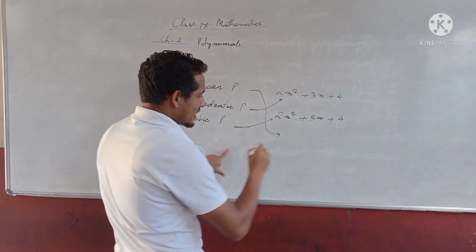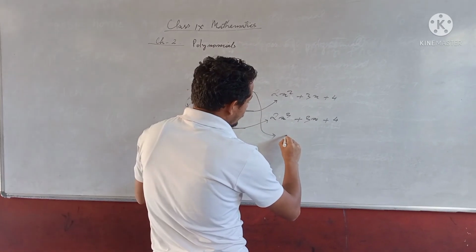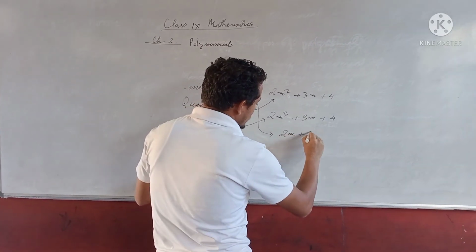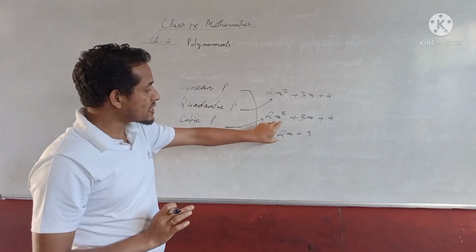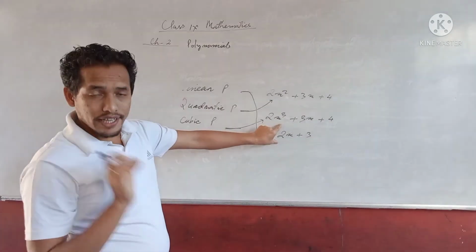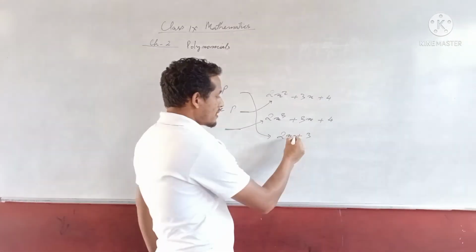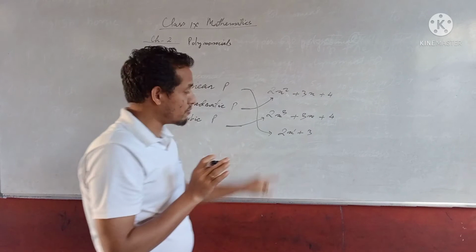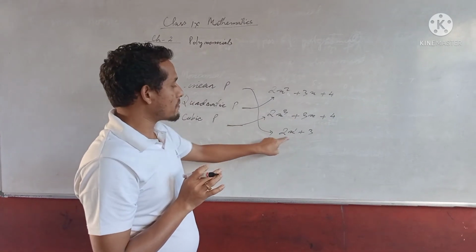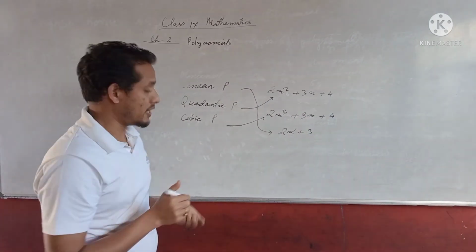Let me write an example, 2x plus 3. In this polynomial there is no power shown, that means it is a linear polynomial. If the power is not given, that means the power is 1. Since it is only 1, they have not written it. This type of polynomial is called a linear polynomial.